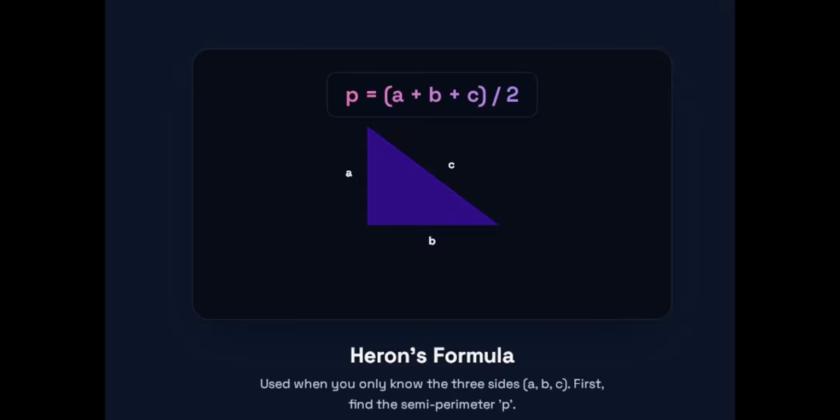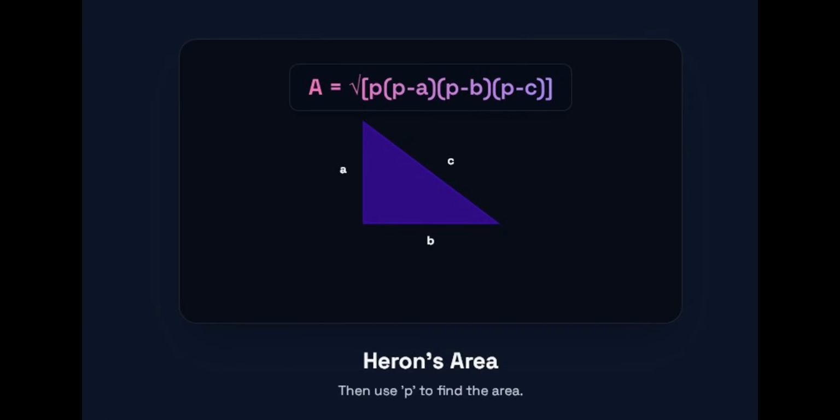What if you only know all three sides and don't have a height or any angles? Enter Heron's formula. First, you find the semi-perimeter, P, that's half the total perimeter.